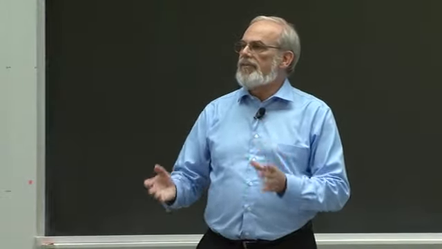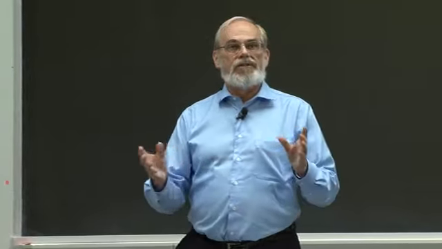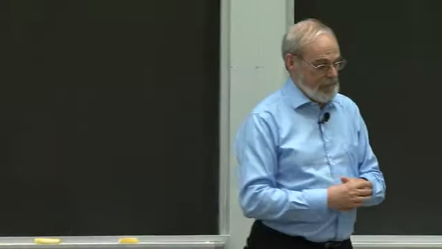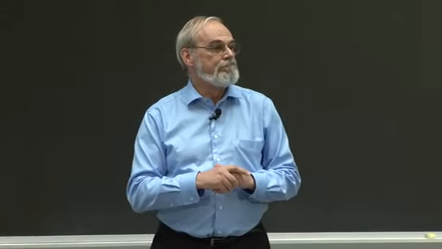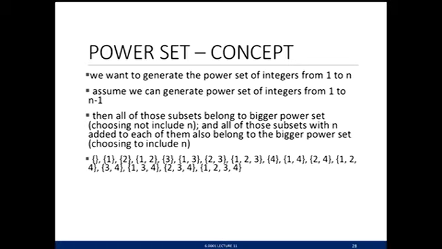We say, let's assume we can solve a smaller size problem. If I want to generate the power set of all the integers from 1 to n, I'm going to assume that I can generate the power set of integers from 1 to n minus 1. If I have that solution, then I can construct the solution to the bigger problem really easily. Well, all of the things that were in that solution to the smaller problem have to be part of the solution to the bigger problem.